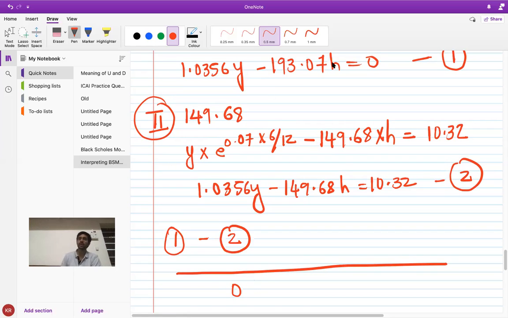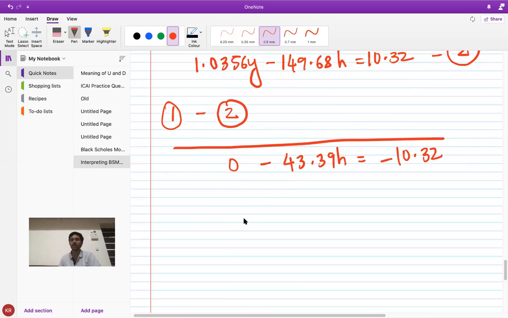I have minus 193.07h minus of minus 149.68h, so it basically becomes minus 193.07 plus 149.68, because I have minus of minus. So this becomes minus 43.39h, equal to 0 minus 10.32, which is minus 10.32.